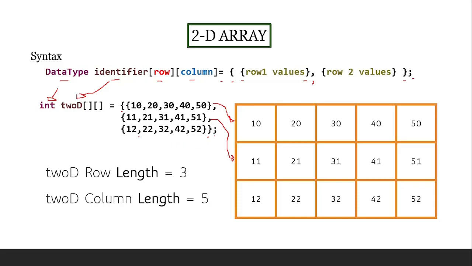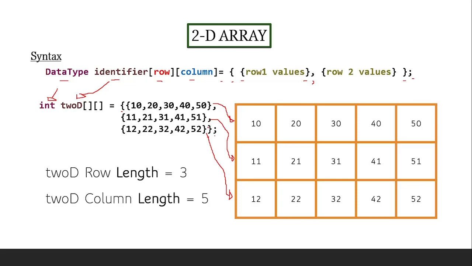And then, itong 12, 22, 32, 42, 52, or our third set of elements, or this last set of elements natin for this 2D array ay nasa third row na natin. So, mapapansin nyo kung kay 1D array meron na tayong isang row dahil nga dito kay 2D array ay more than one set of elements, meron na tayong 1, 2, 3 rows because there are 3 set of elements.